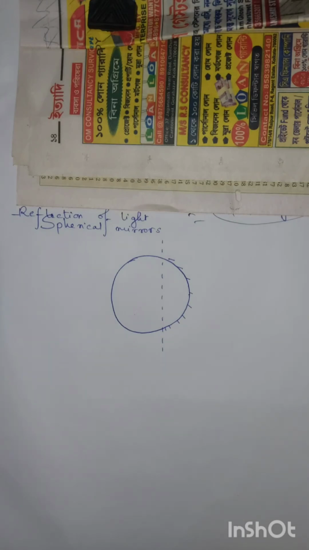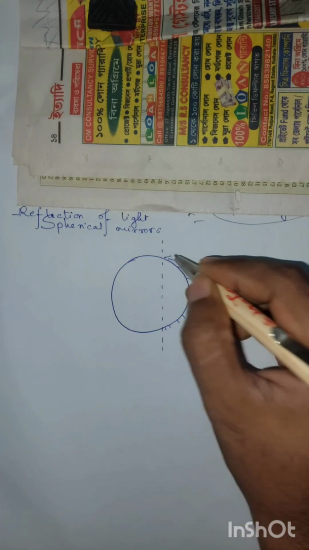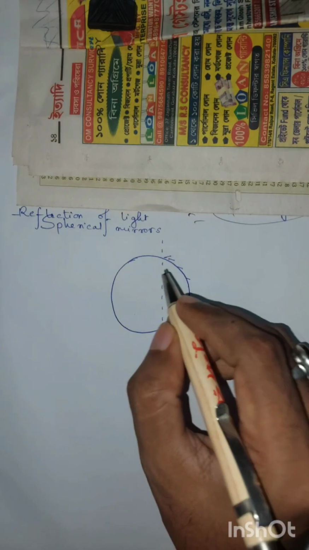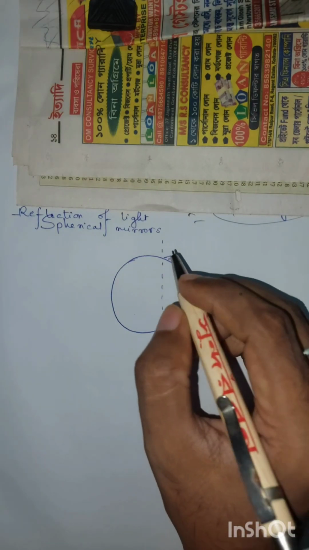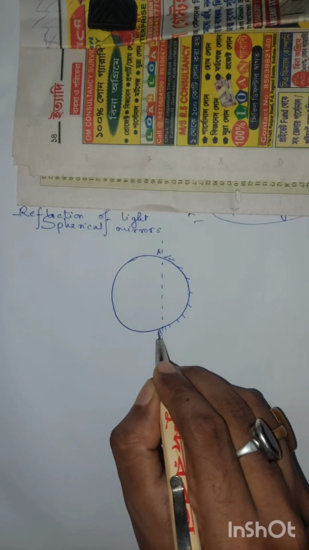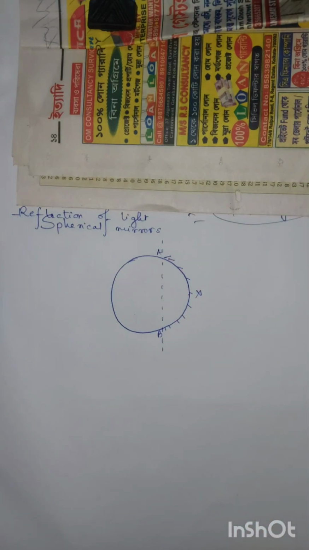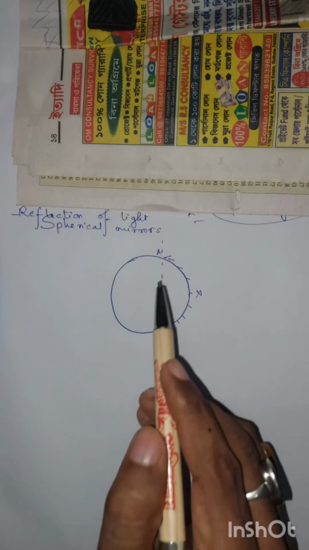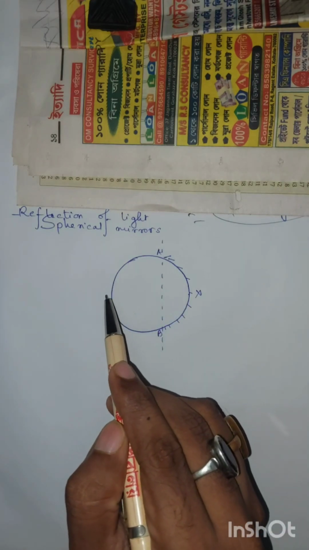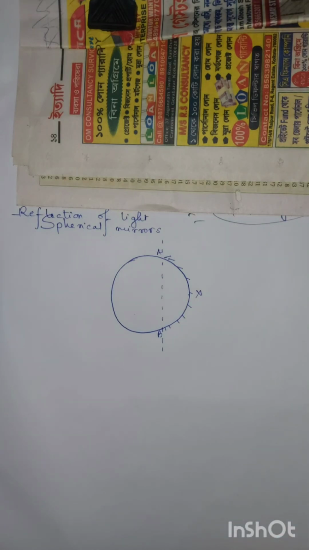We are imagining it in the form of a sphere. So this is our mirror. Let us call it AB. So AXB, this is our mirror. And if we complete the mirror, it gives us a sphere.